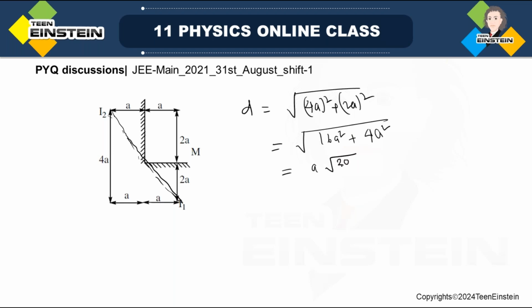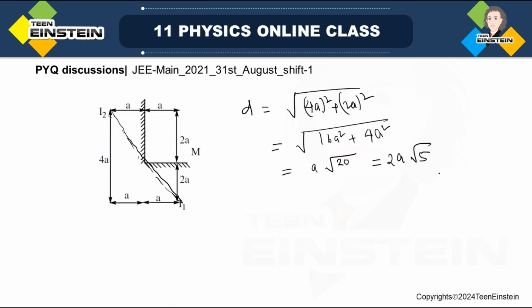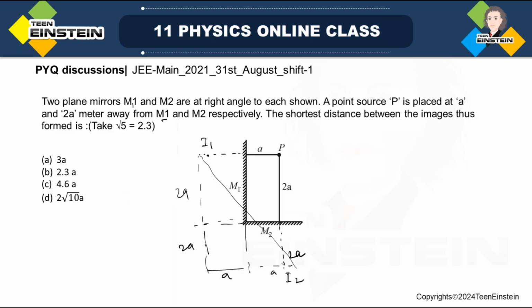I can just write 2a root 5. Square root of 5 is 2.3. So 2 into a into 2.3 is 4.6a. And there is an option over here, so option C will be the correct answer for this question. Okay, so this is done.